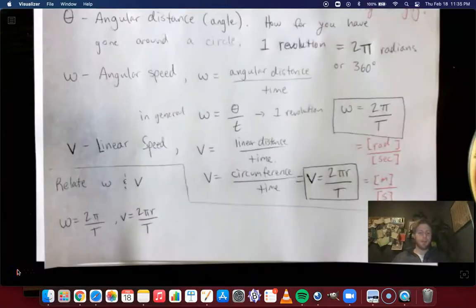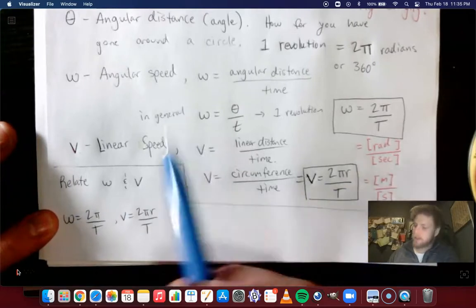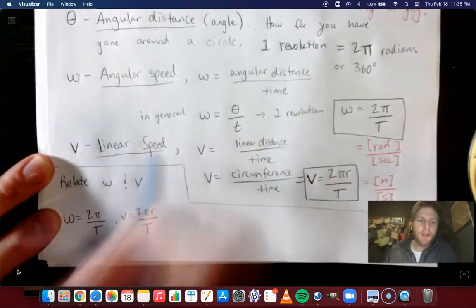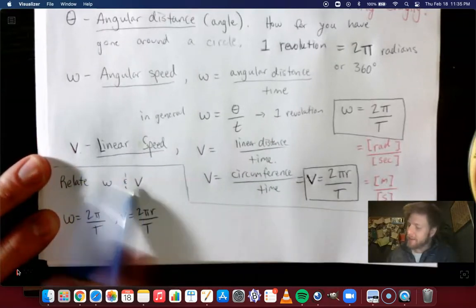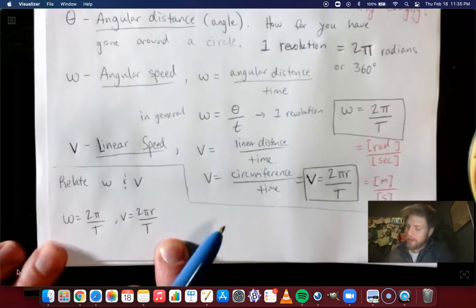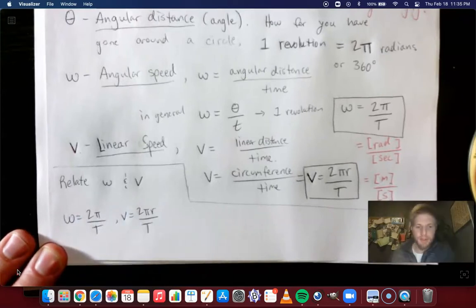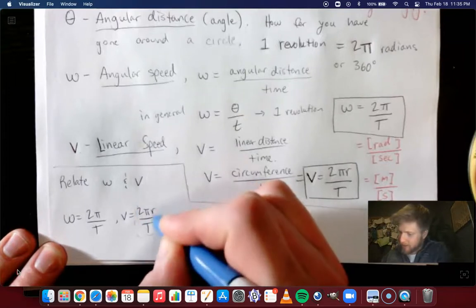All right folks, the last thing we want to do is relate omega, our angular speed. Let's underline those. These are important. Angular speed, omega, and linear speed, v. I've written their definitions here, and I'm hoping that you can see that omega is actually hiding in v. Can you see it? If you can't, it's hiding right here.